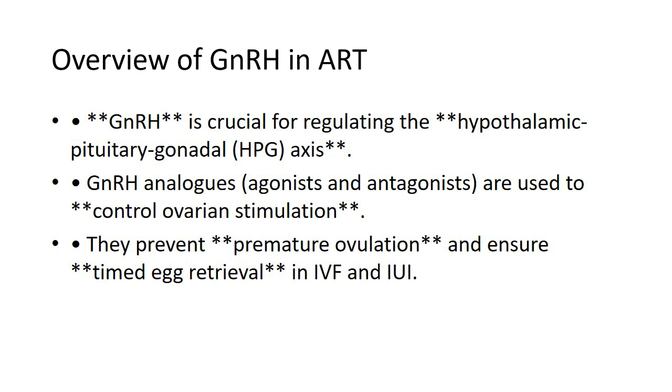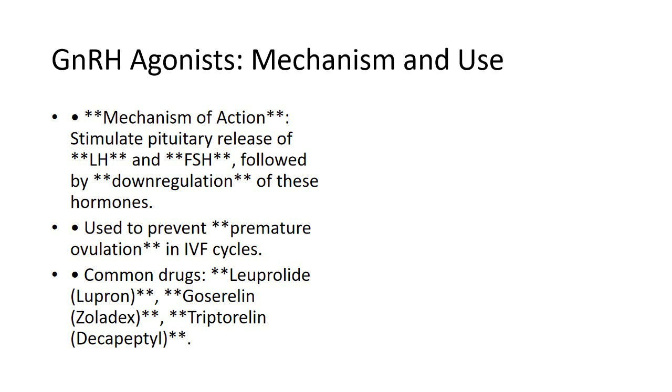1. Types of GnRH medications used in ART. Category, examples, mechanism, usage. GnRH agonists: leuprolide, Lupron, buserelin, nafarelin. Initially stimulates, then suppresses LH-FSH secretion.